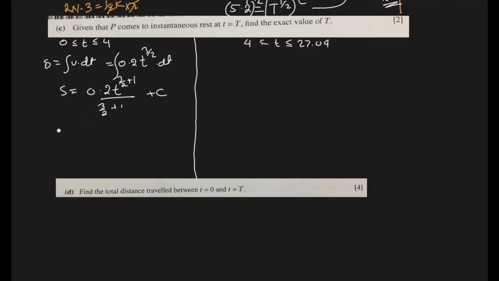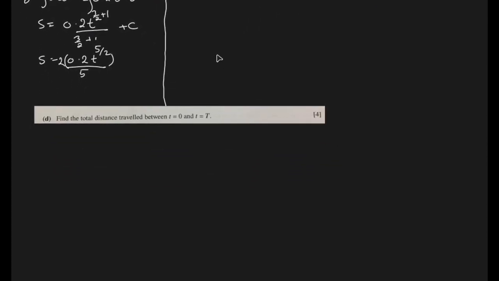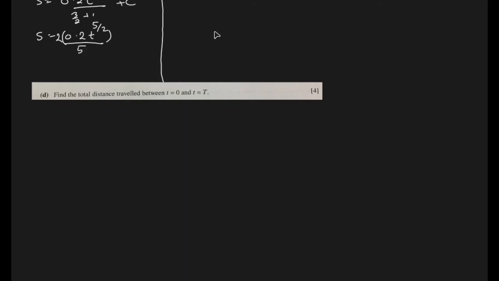Okay, so what do we get here? S equal to 0.2 t to the power 5 over 2 over 5 multiplied by 2. Let's make some space for this. Okay, so plus c.